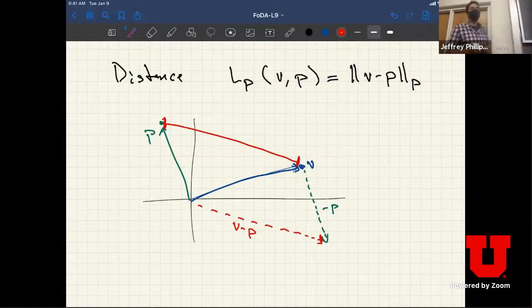And this is true if I measure length with the L1 norm or the L infinity norm or the L2 norm. But with the L2 norm, it's the straight line distance. Okay, and so that is preserved here. And so most intuitive here with the 2 norm. Okay, questions. Great.